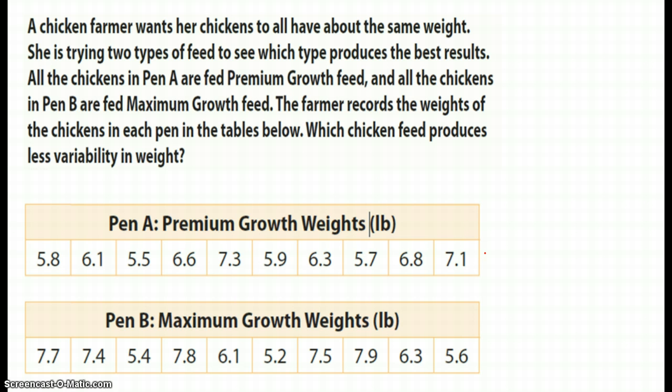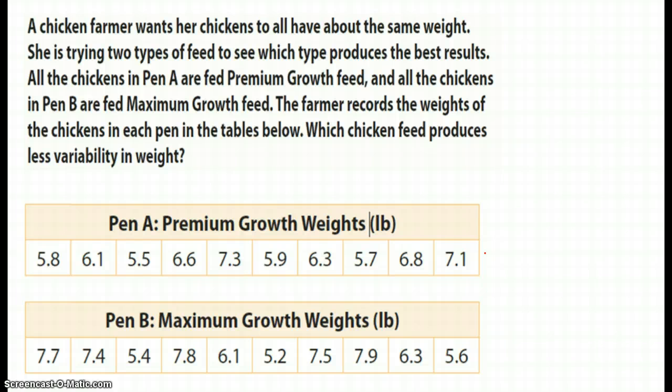So she's trying 2 types of feed to see which type produces the best results. All the chickens in pen A are fed premium growth, and all the chickens in pen B are fed maximum growth. She records the weight of the chickens in each pen in the tables below, and the question is, which chicken feed produces less variability in the weight?